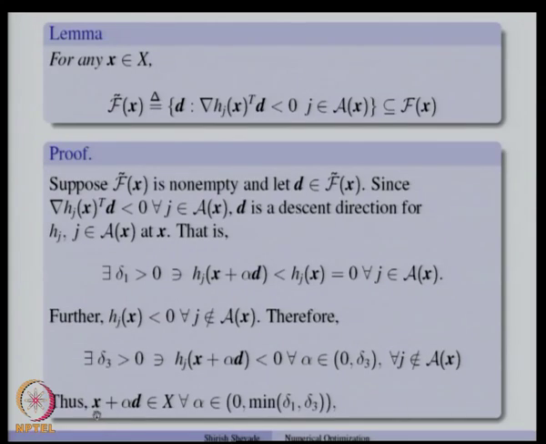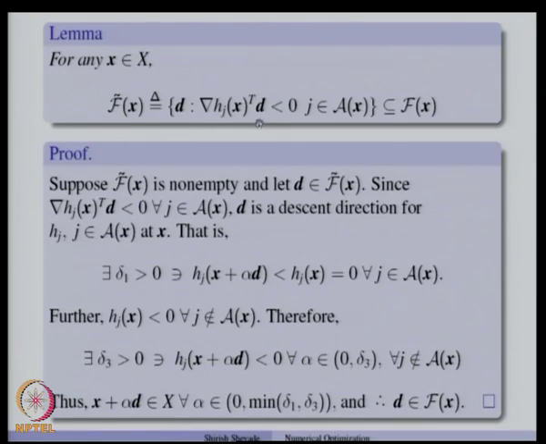So, x plus alpha d belongs to the feasible set for all alpha in the range 0 to minimum of delta 1 and delta 3, and that means that d is a feasible direction, because by definition we have found some delta 2 greater than 0 such that x plus alpha d is a feasible point for all alpha in the range 0 to delta 2, and delta 2 is nothing but the minimum of delta 1 and delta 3.